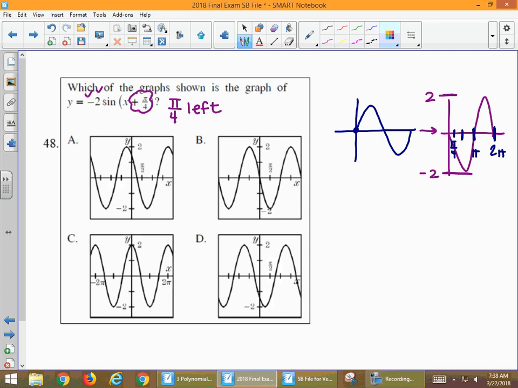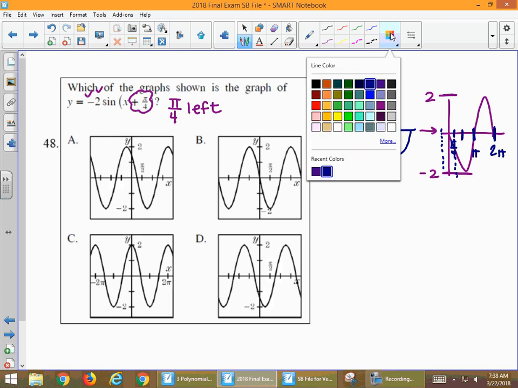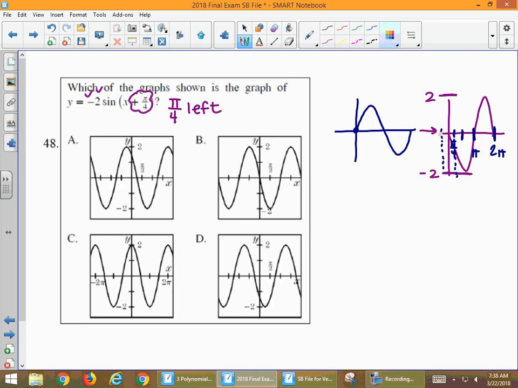So since we're not doing any kind of horizontal shrink here, pi over 4 is going to be kind of in the middle of that down, on both sides, left and right. So if we move this guy left pi over 4, I'm going to do it in bright pink, light pink, what's going to happen is we're going to cross the y-axis kind of in the middle of that down slope.